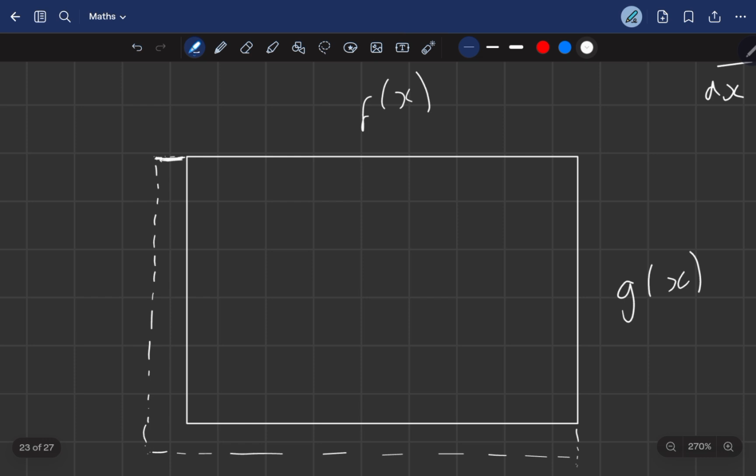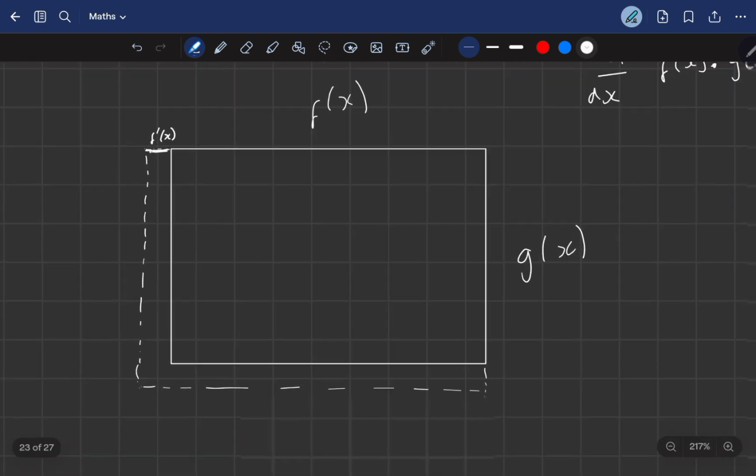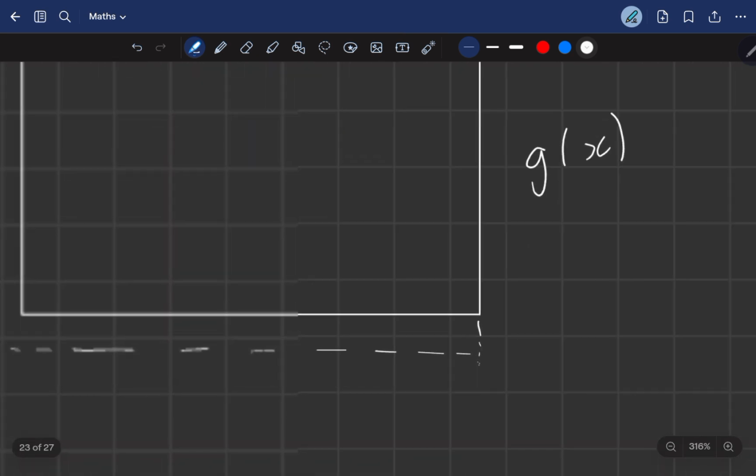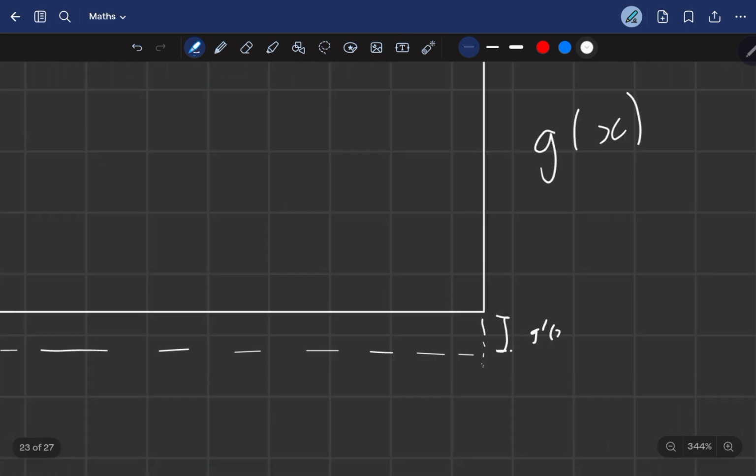This basically means the change in f of x for a small nudge in x, and that's nothing but the derivative of f of x. So this width right here is just f prime x. This is the same for this width right here. It's just g prime x.